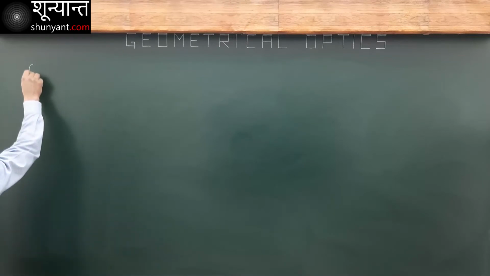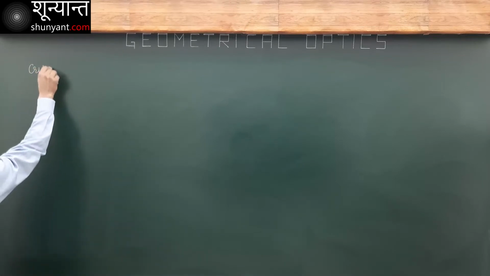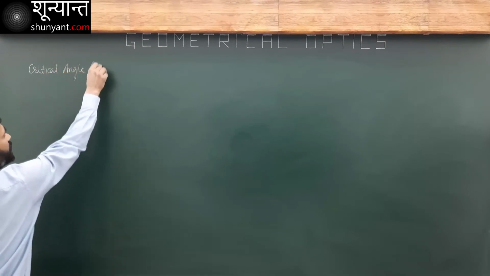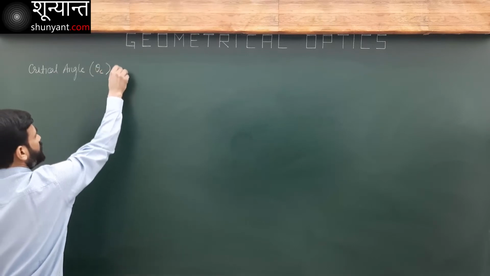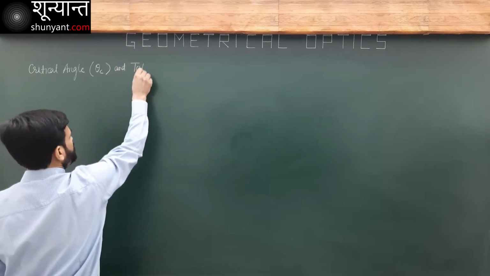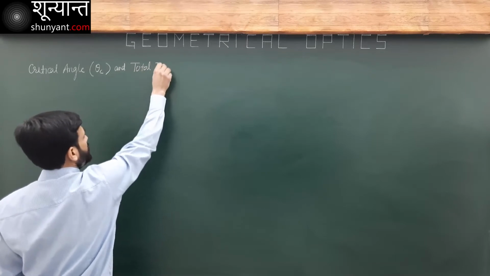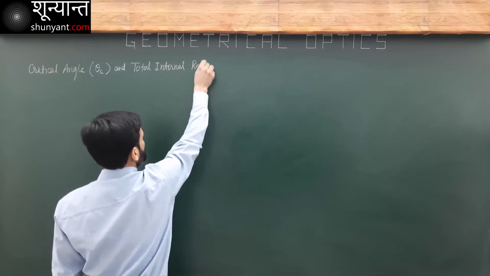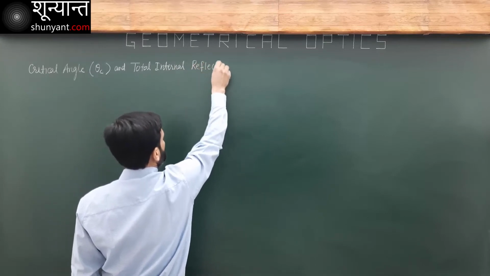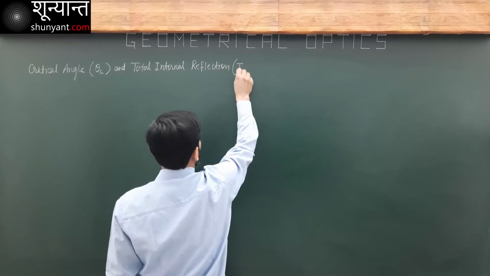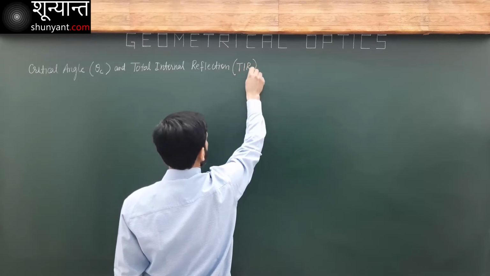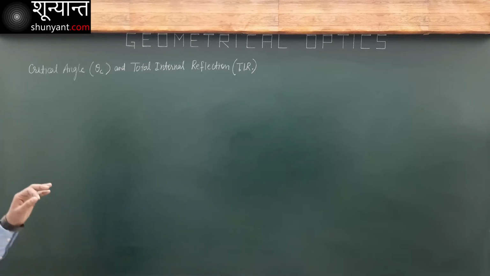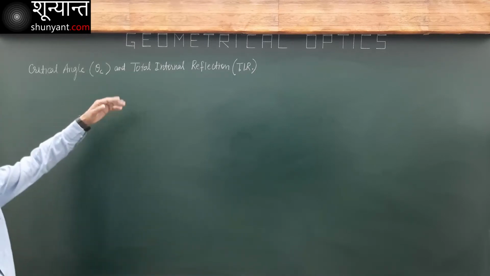It is called critical angle, let's say theta c, and total internal reflection, TIR. Total internal reflection, okay?